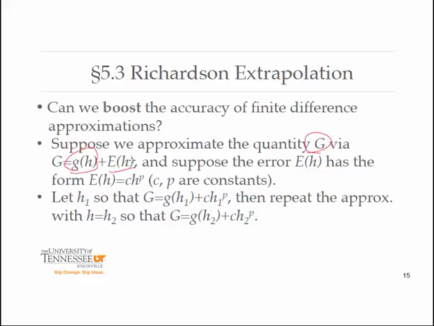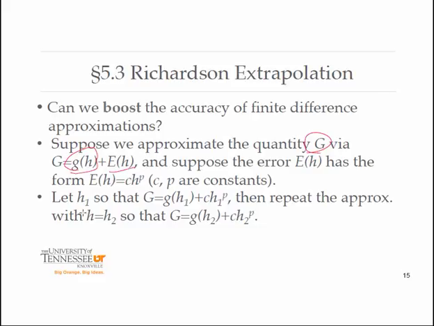Just like we did before with taking Taylor series and stopping after so many terms, the terms you threw away will go into the e of h there. But let's suppose that error term e of h is of the form of some constant times h to a p power. So we're representing the error as O of h to the p in general.